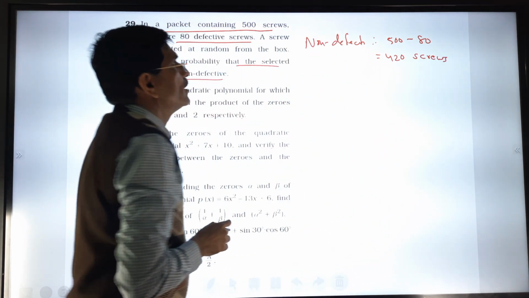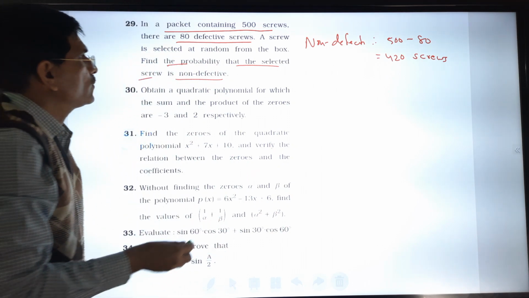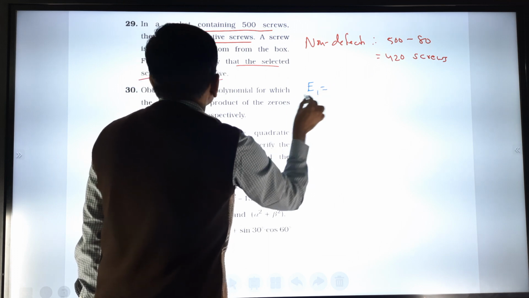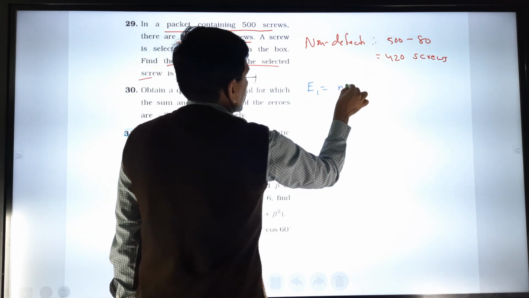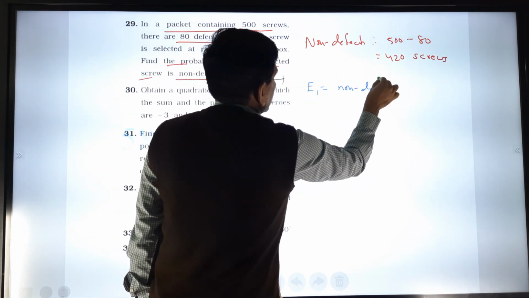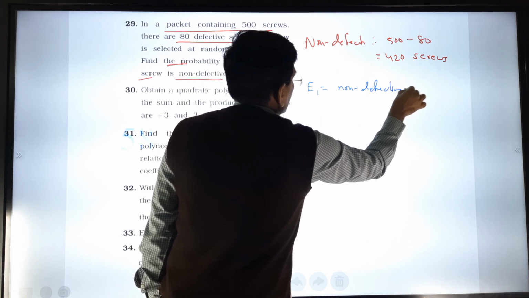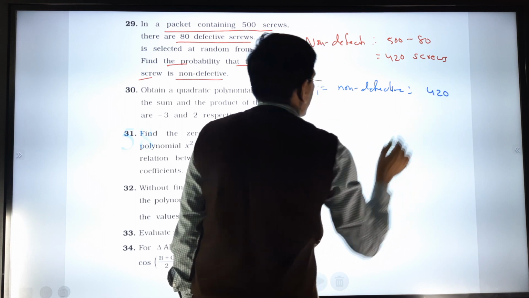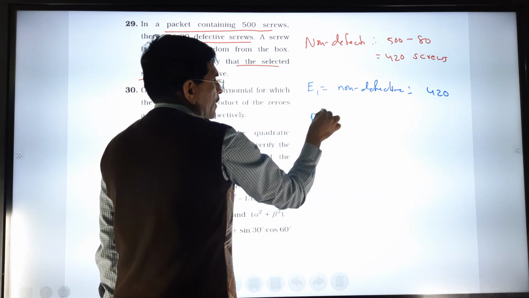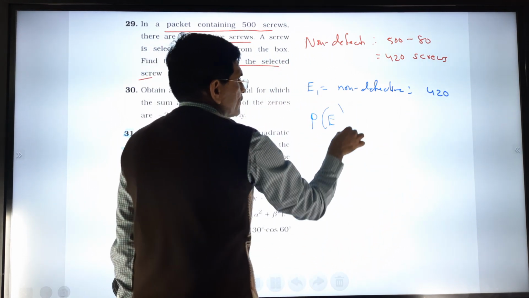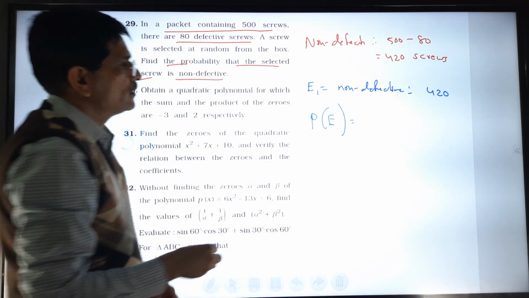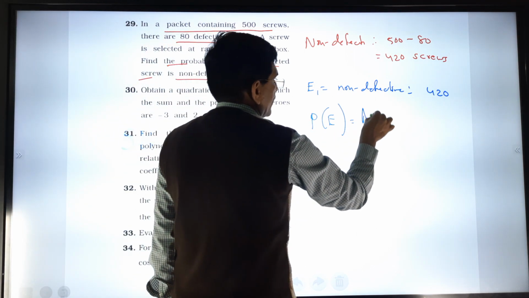So 420 are non-defective. Now I have to find the probability. I write E1 is equal to non-defective screws, that is 420. Now probability P of event E is the number of trials divided by total trials. We have to remember it, NT by TT.